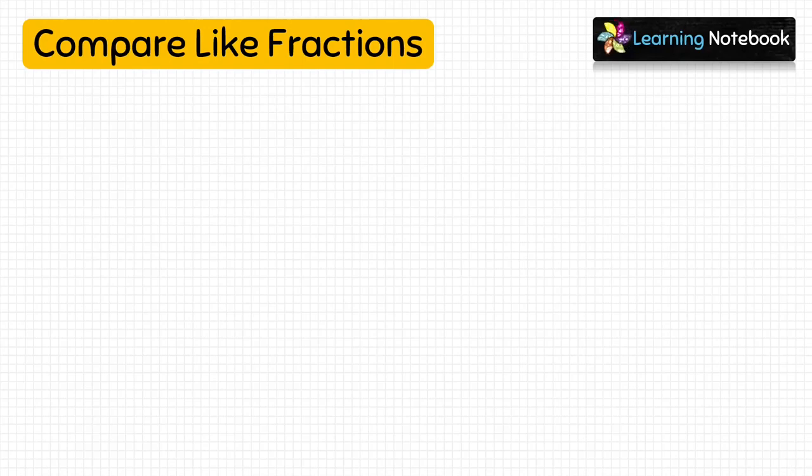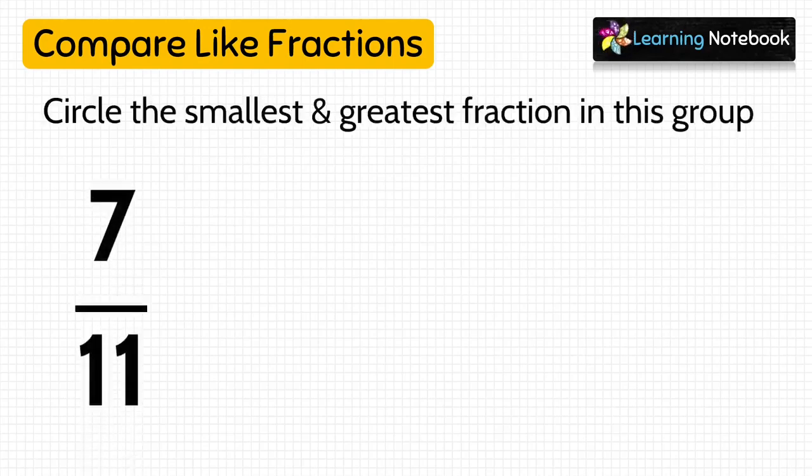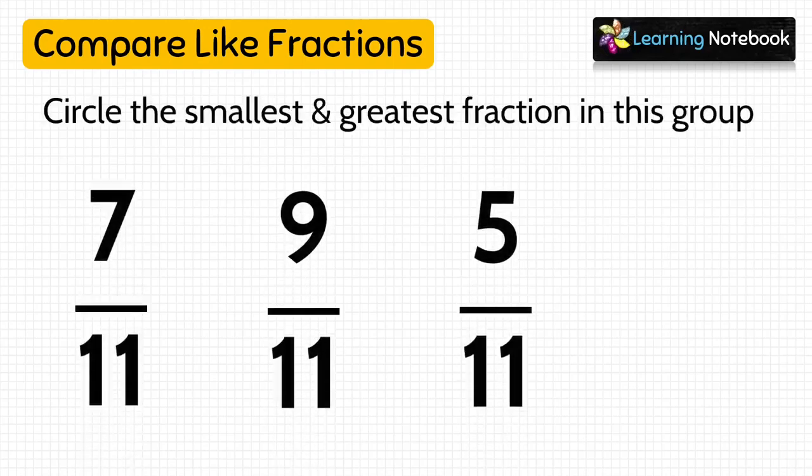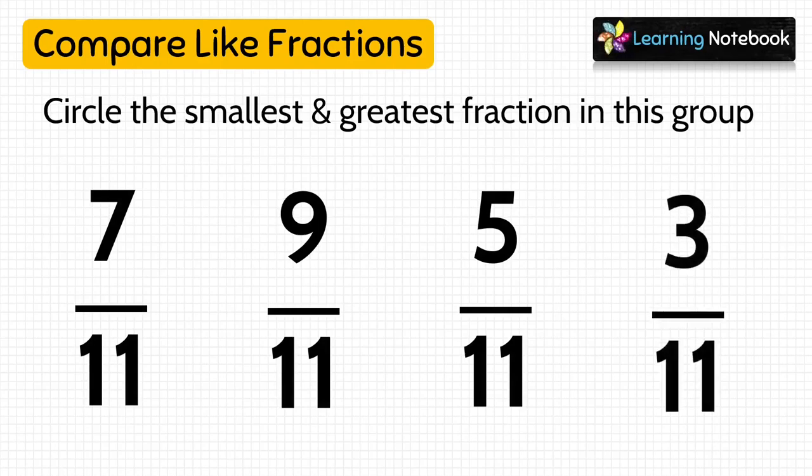Now, let's see the next example. Circle the smallest and greatest fraction in this group. So, here we are given 4 like fractions and we have to find the smallest and greatest fraction. As I told you, in like fractions, the denominators are the same. So we just need to compare their numerators.